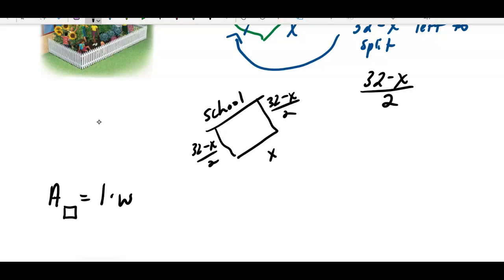Okay, so one side is x, the other side is 32 minus x over 2. So if we multiply those, we'll actually find a formula for the area of this rectangle. So we'll do x times 32 minus x all over 2. And that's how we're going to find our area.